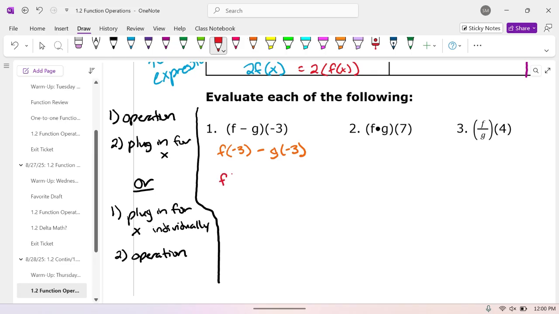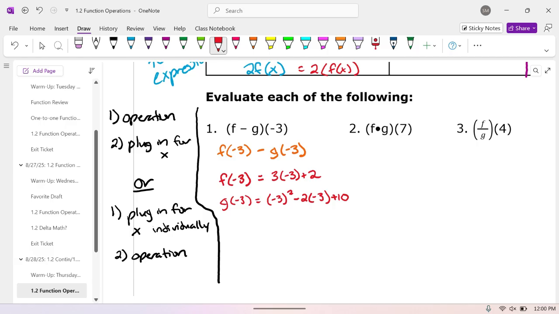So for f of -3, we're still plugging into the same functions from up top. So this will be the same thing as 3 times -3 plus 2. And g of -3 would be the same thing as -3 squared minus 2 times -3 plus 10.